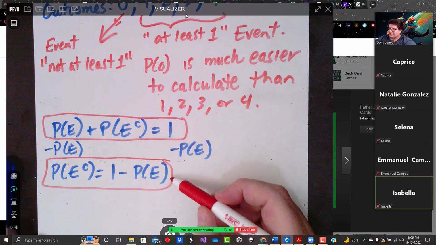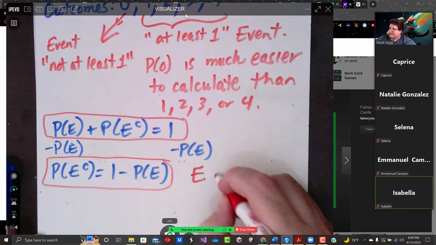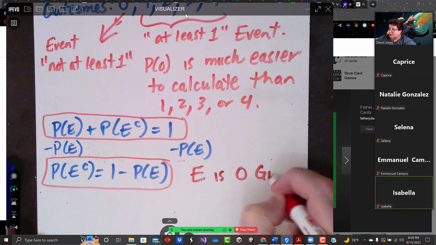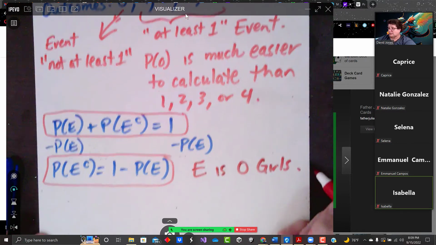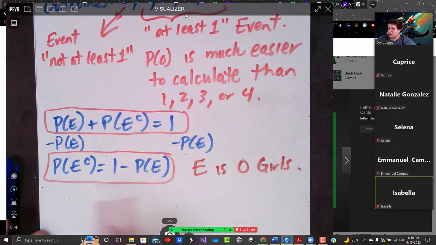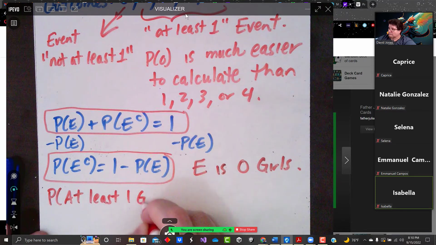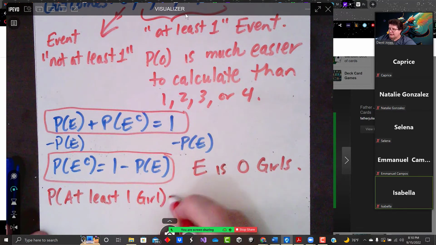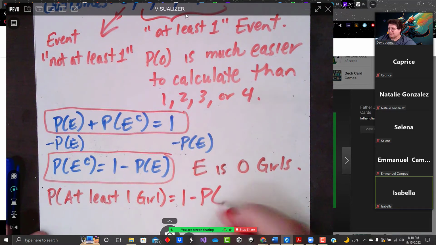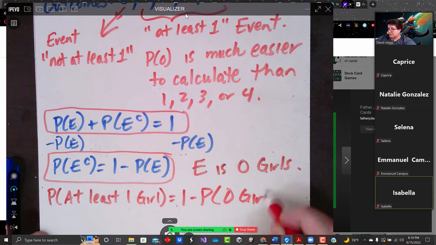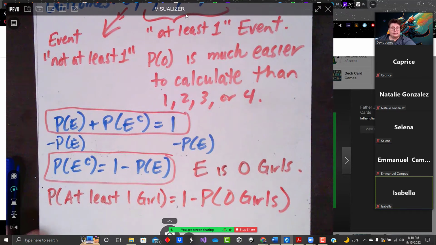But in this case, I could say E is 0 girls. So the complement of 0 girls is at least 1 girl, which equals 1 minus the probability of 0 girls. That's where that will come out.